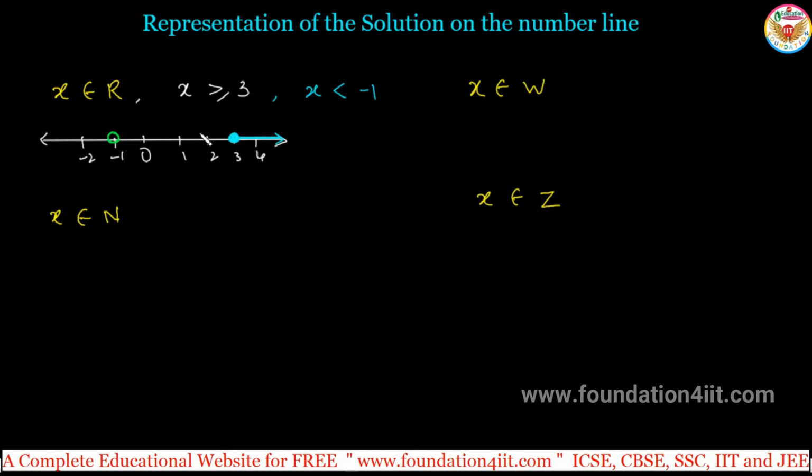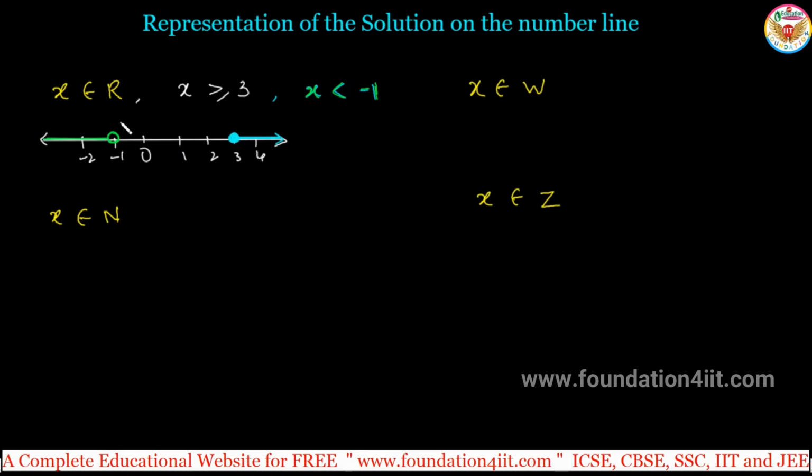The x value is less than this, so all the values towards the left. We need to keep this. So this is for x less than minus 1. If it is x belongs to real numbers only, we can draw the line on the number line. If the value is included, we can keep the darkened circle, or else you can keep the hollow circle.